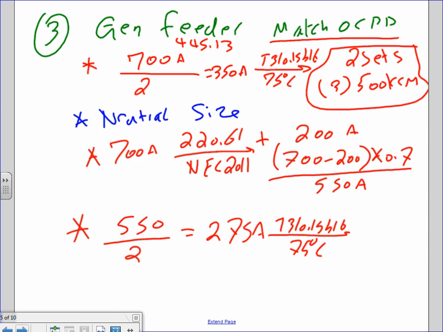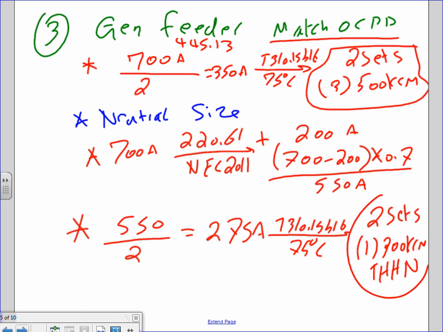Same table, same column in the table. You get 2 sets, it has to be 2 sets, of 1 conductor for the neutral. And it's 300 kcmil THHN.